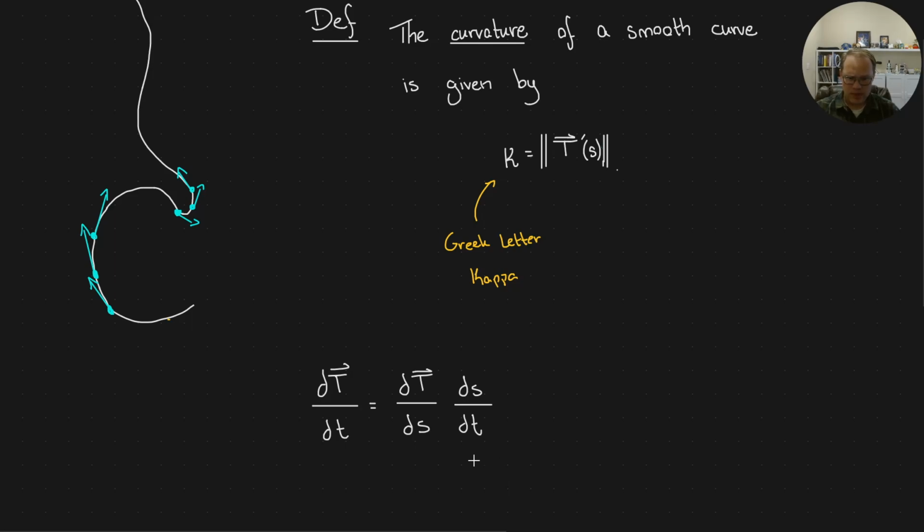This is just the chain rule. If I want to take the derivative of this with respect to that, I could first take the derivative with respect to a different variable, then multiply by the derivative of that different variable with respect to the original variable t. Classic chain rule.